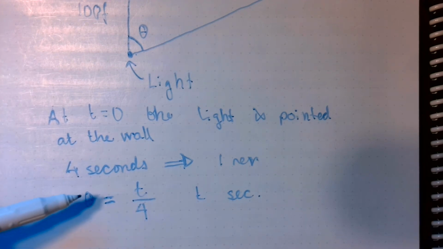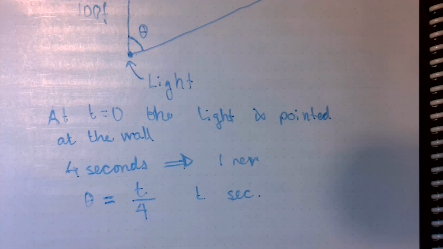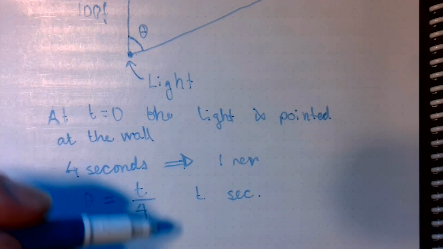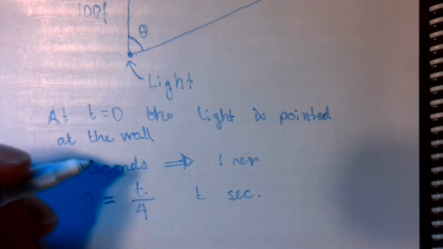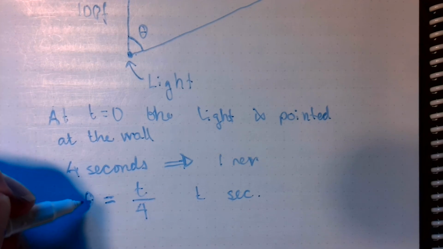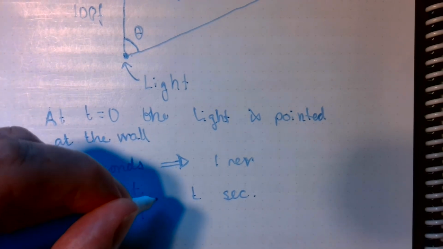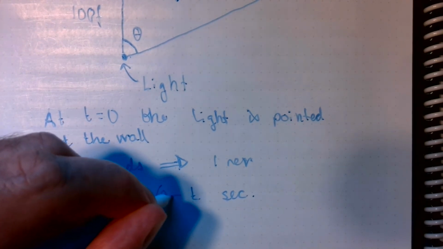Now I guess I do need to scale this, because I really want theta to be an angle, so I should probably multiply that by 2 pi.